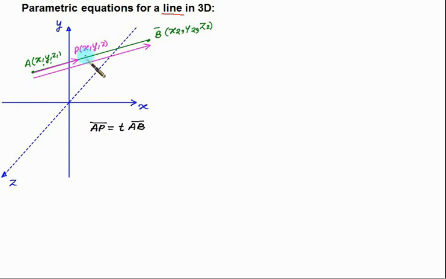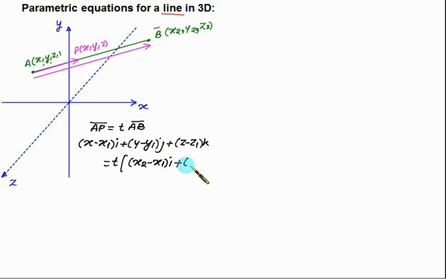Now we can write AP bar as (x minus x1) i plus (y minus y1) j plus (z minus z1) k, equal to AB bar, which we can write as (x2 minus x1) i plus (y2 minus y1) j plus (z2 minus z1) k.